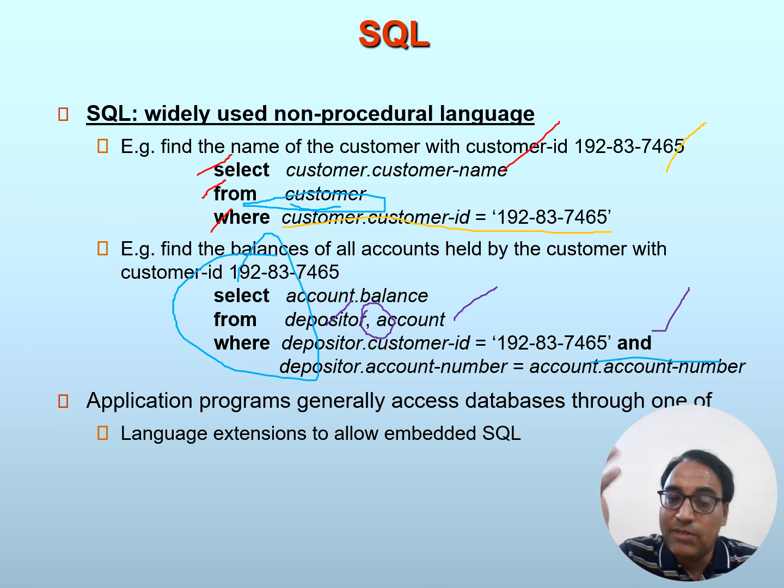Then where is the search condition. What is the filter? Here the filter is the customer ID and the account number. So that's the advantage. Like that things work out here.